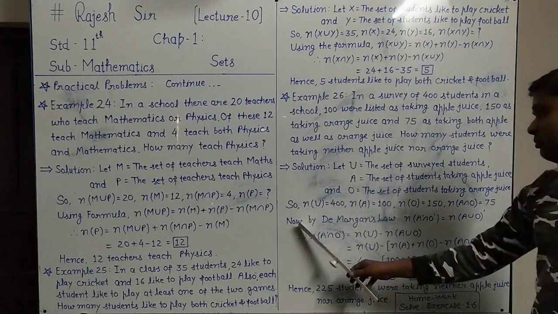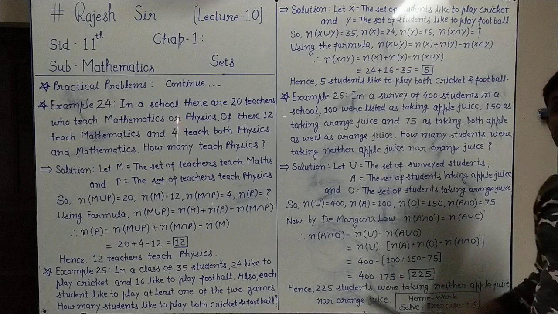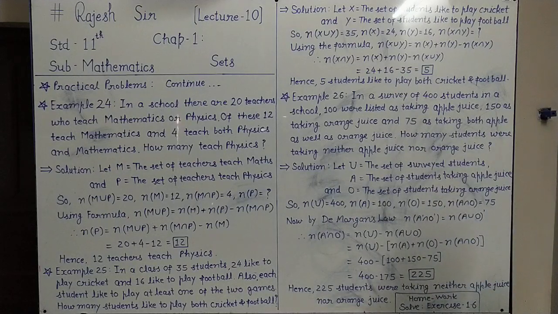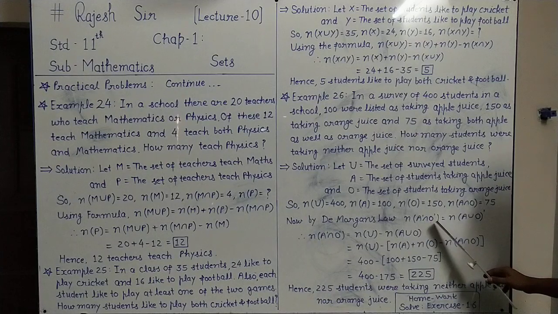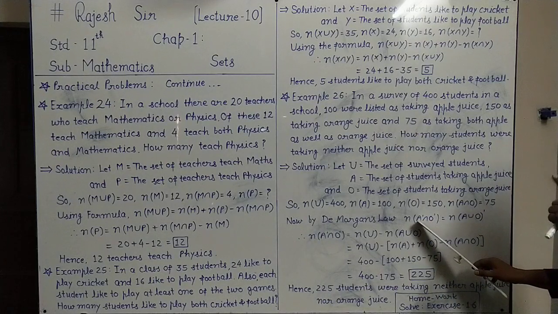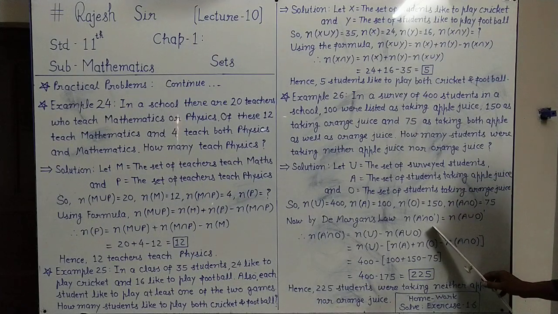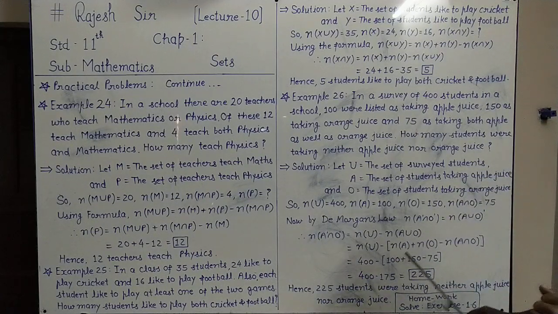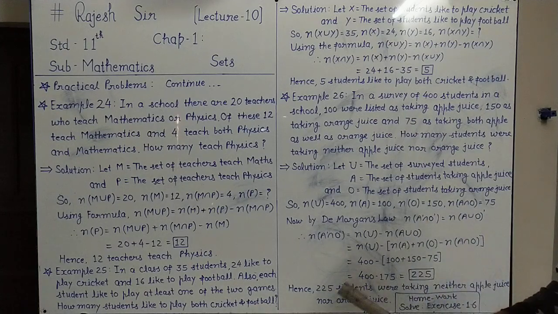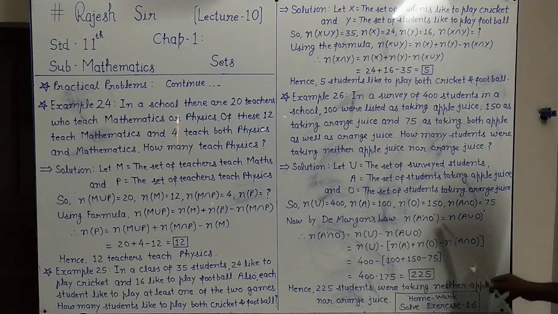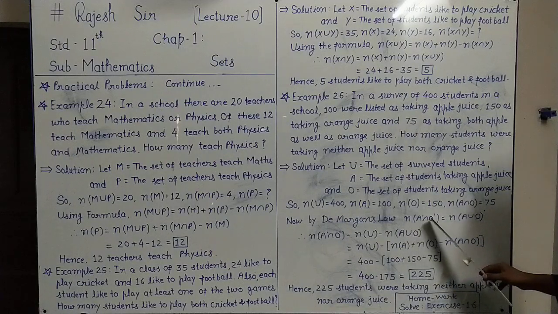So we have to use De Morgan's law, which is a complement of set property. We need n(A dash intersection O dash). A dash means not taking apple juice, O dash means not taking orange juice, and the intersection means they are taking neither.